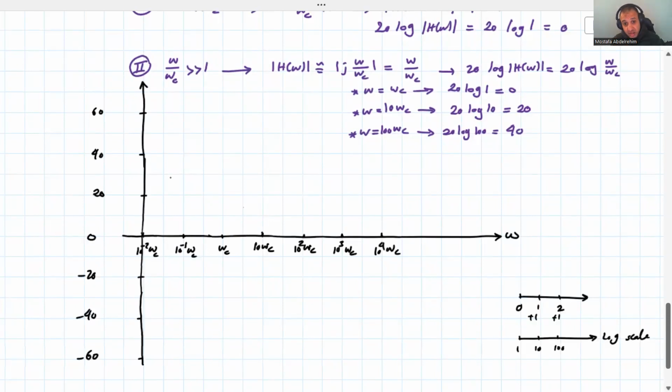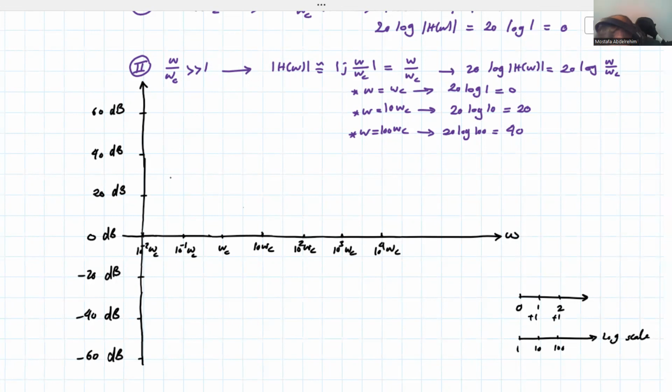And when we take 20 log of something, the unit will be decibels. So that's 60 decibels, 40 decibels, 20 decibels, 0 decibels, and so on.